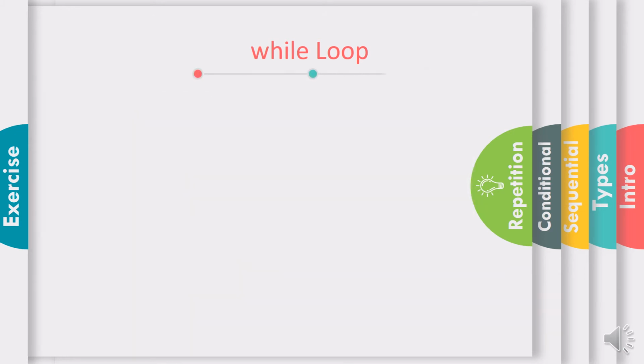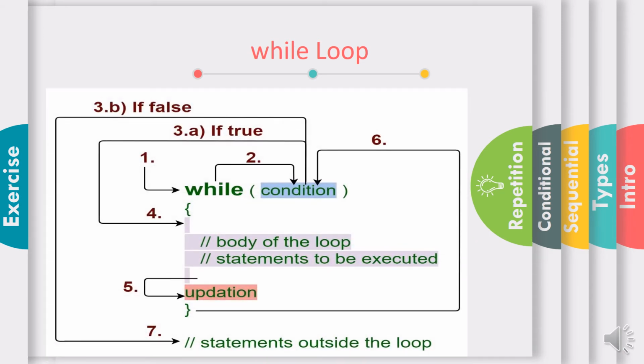Now again, this is how the while loop executes step by step. First of all, it will look for the loop, then at the second number it will check for the condition. Now if the condition is true, then this step 3a will be executed. If this condition is true, then the control will come towards the body of the loop.